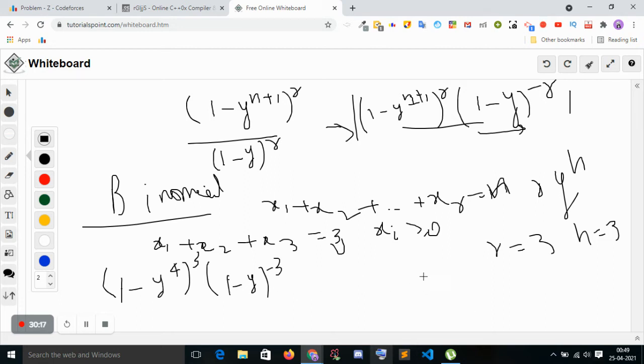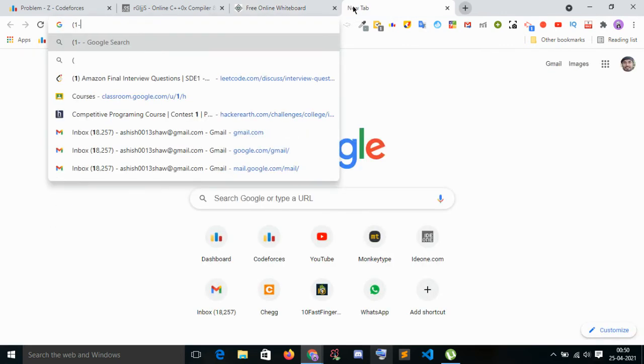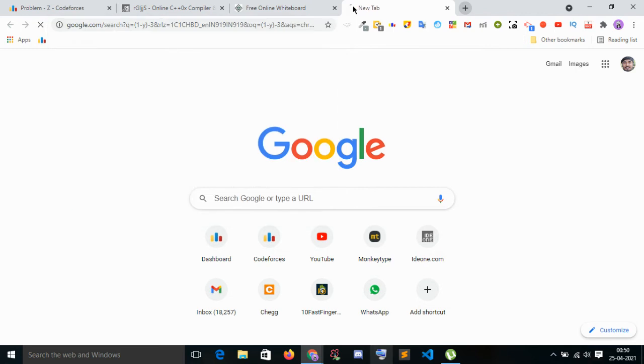Just use 1 plus y to the power n, put in the formula, and after that y becomes minus y and n becomes minus n. You will be making the formula. This is a function. So if you expand this limit, let's try it: 1 minus y to the power minus 3.